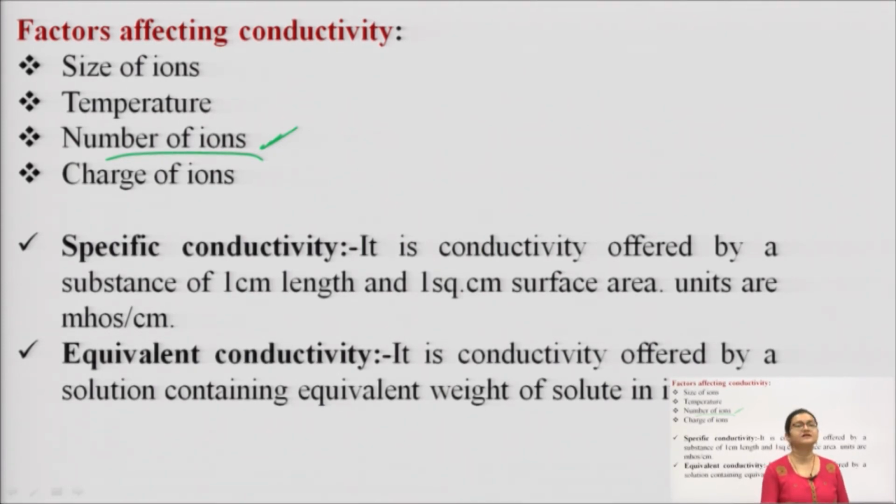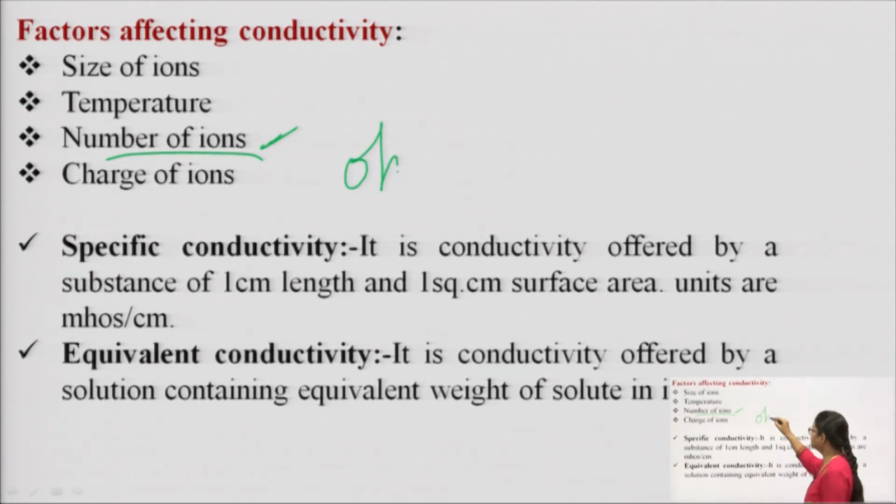Then what is specific conductivity? Specific conductivity is the conductivity offered by a substance of 1 centimeter length and 1 centimeter square surface area, and its unit is mhos per centimeter. As we all know, resistance has a unit of ohm.